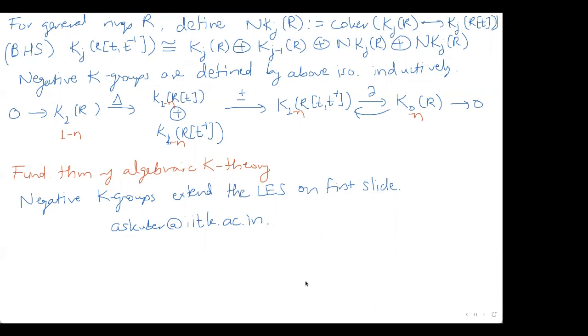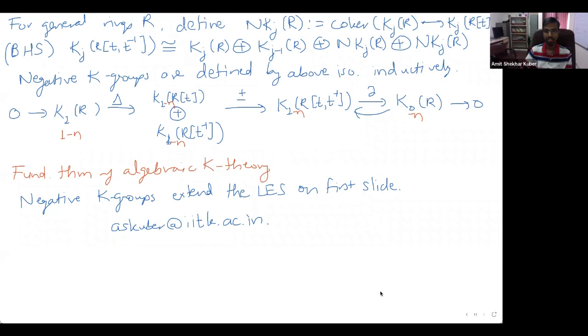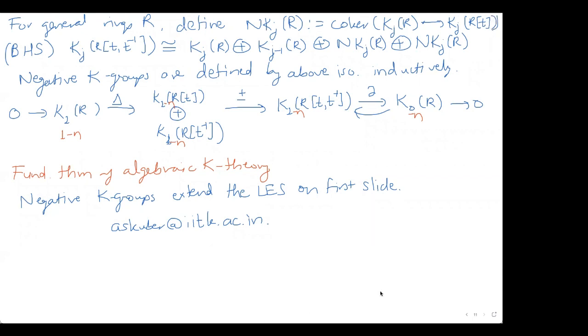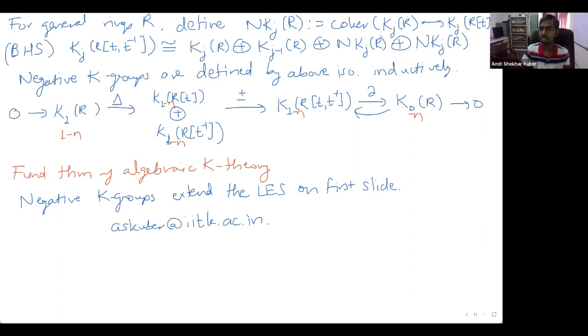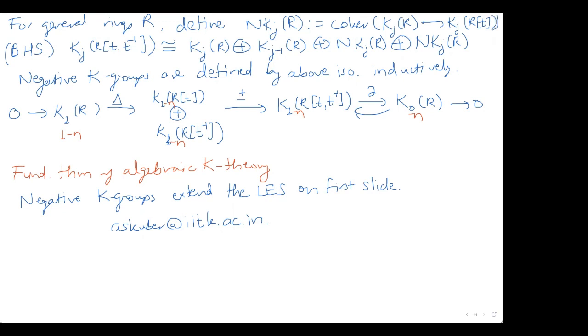I have a very general question. You said that Quillen obtained a topological space out of a ring, and all of its homotopy groups were K groups of that ring, right? Not all, the first two.